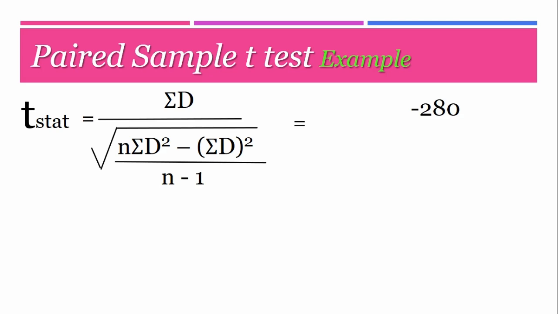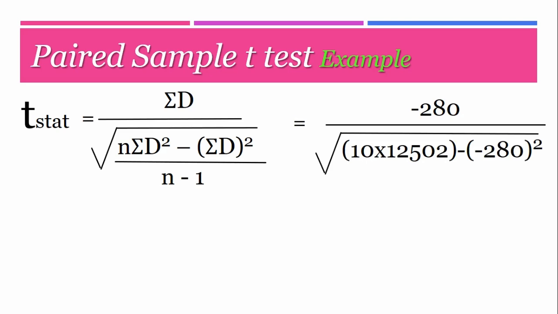Summation of D is minus 280, divided by the square root of n, which is 10, multiplied by summation of D square, which is 12,502. We close this bracket, minus, in the bracket, minus 280 and bracket square, divided by n minus 1, that is 10 minus 1.